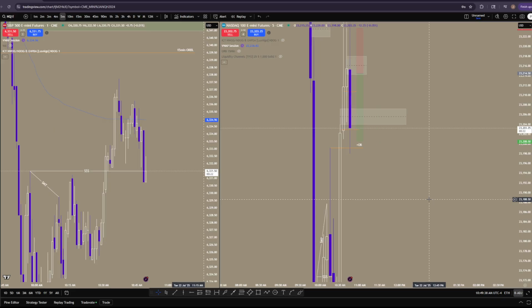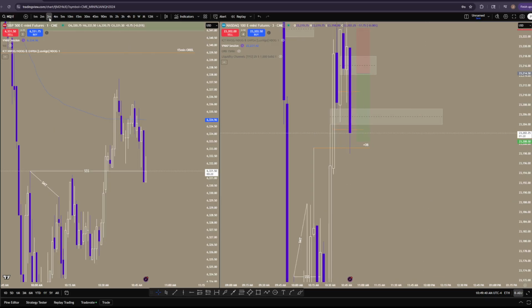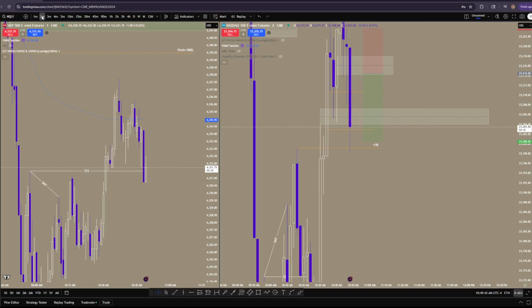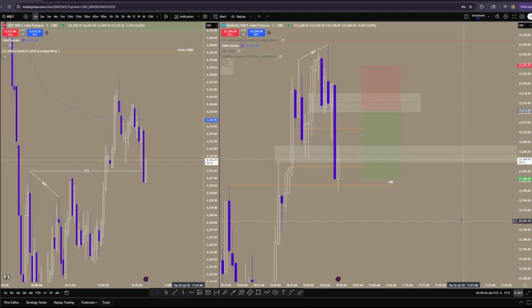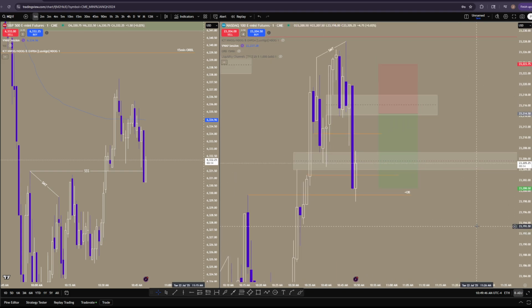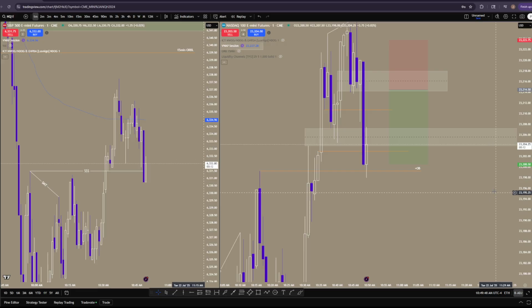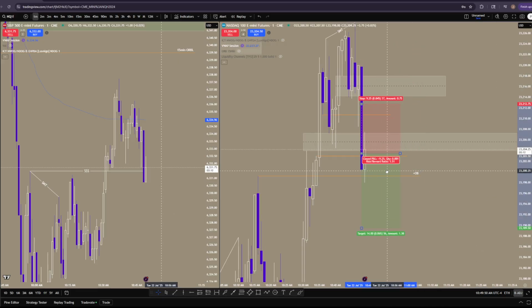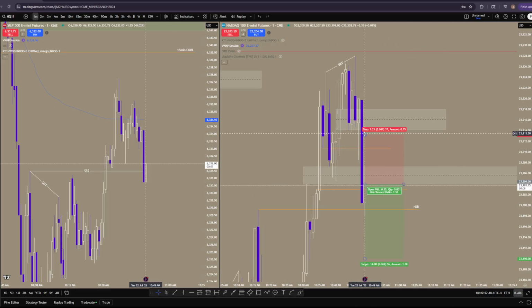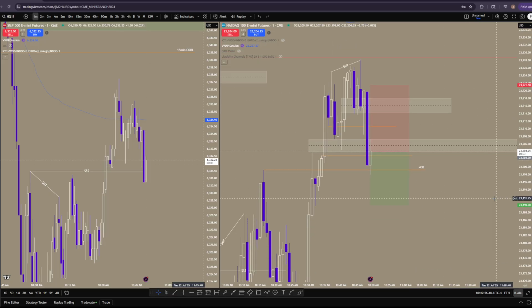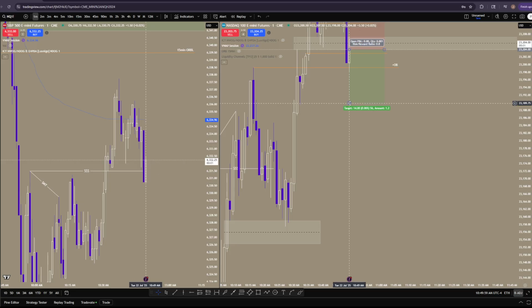Now, if we got a 3-minute inversion, it would make it a little bit easier here to trust that. Because now it's like, okay, if I take this IFVG here, I got to keep my stop all the way up here, which 70 ticks isn't terrible.